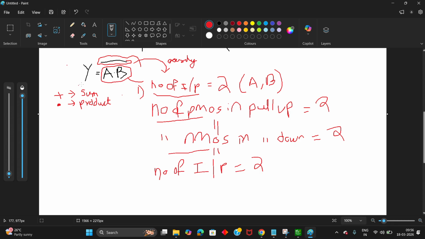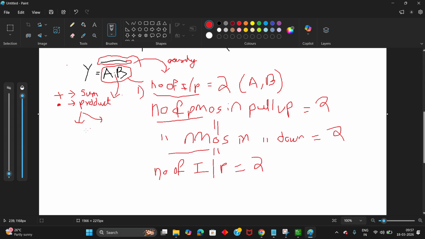Next step is to observe the operation between the variables under the complement bar, the whole bar. In our case it is product, an AND operation between A and B. If it is product, you need to do two steps.